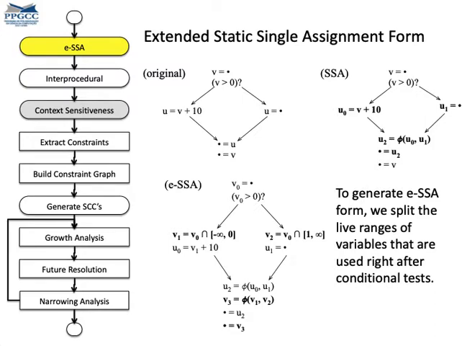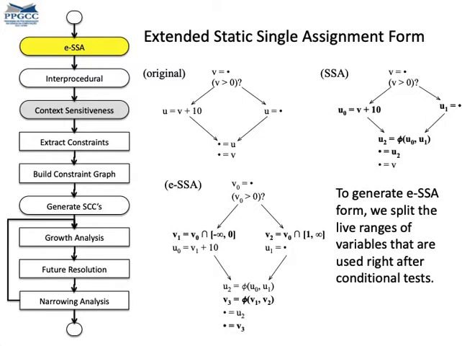To do this conversion, to convert the program to ESSA form, we split the life ranges of variables after branches. For instance, in this example, we are splitting variable v0 just after the conditional branch that we have here. That allows us to learn with the conditionals.